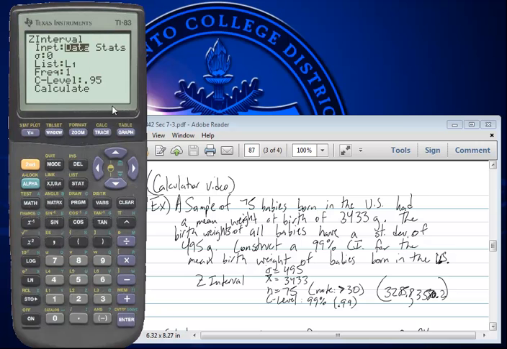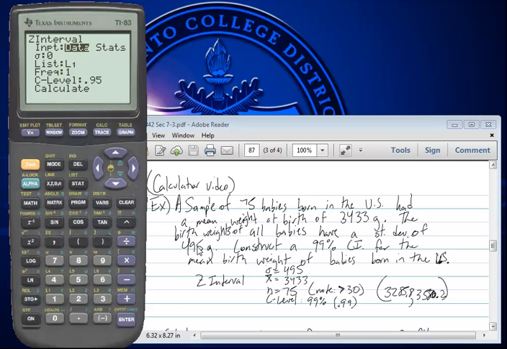Okay, so when you do that, it gives you the option of inputting data or inputting statistics. If we have the entire list of data from our sample, then we can put that in there. If not, then hopefully we have some summary statistics that we can put in. So in this example, we don't have the actual data itself. It says a sample of 75 babies born in the U.S. had a mean birth weight of 3,433 grams.